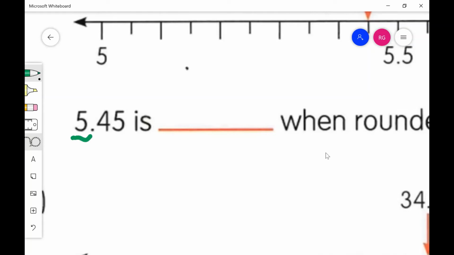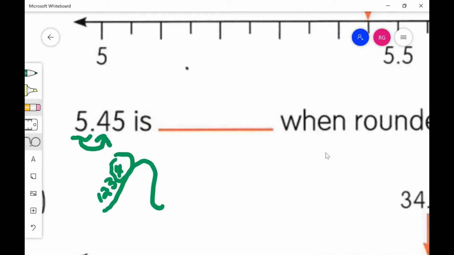Yes, so that's my whole number. Step 2 is to do what? Look to the right. Right, okay. We see that it is on this side of my little roller coaster, we see it's a small number. So do I round up or round down?